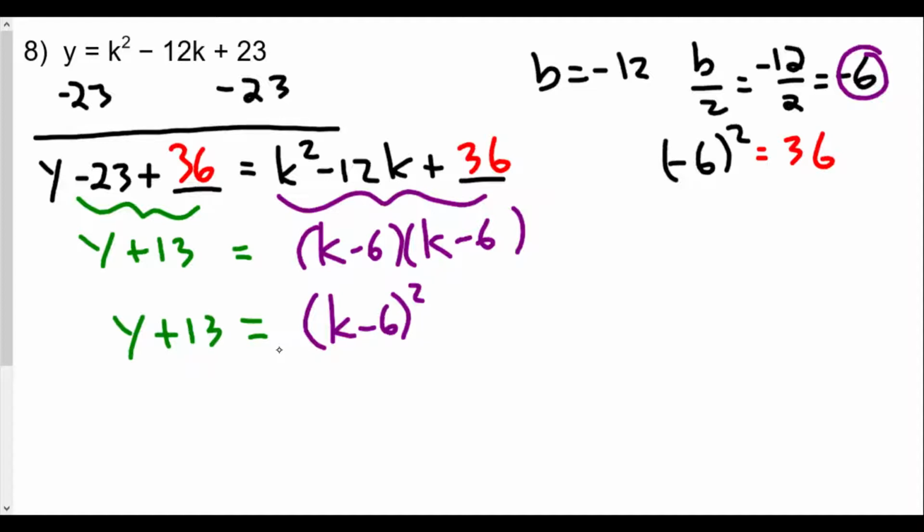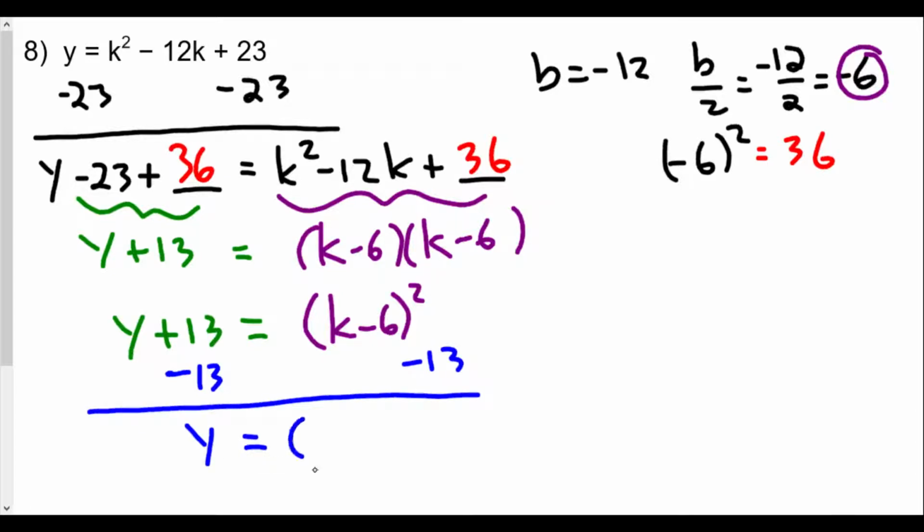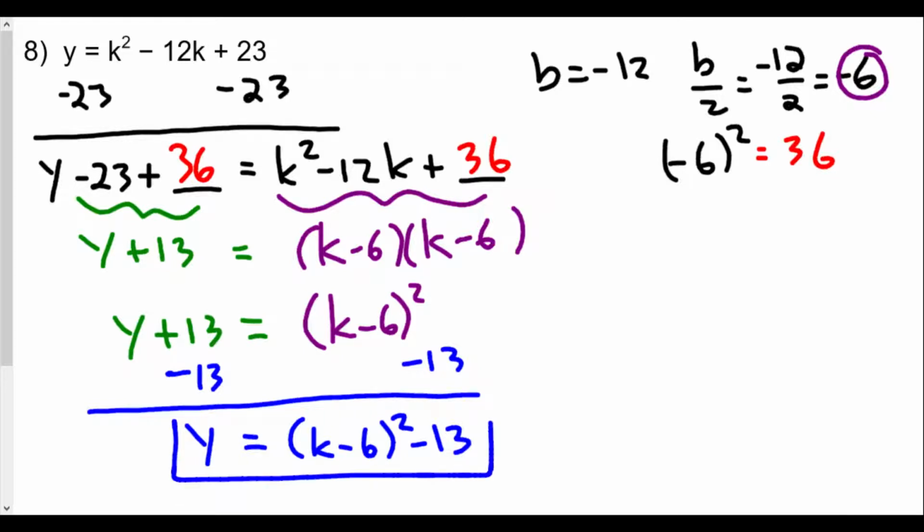Finally, this is the last step we're going to use. We're going to get y by itself and subtract both sides by 13. So now we have y is equal to k minus 6 squared minus 13. And this will be our vertex form of the equation y equals k squared minus 12k plus 23.